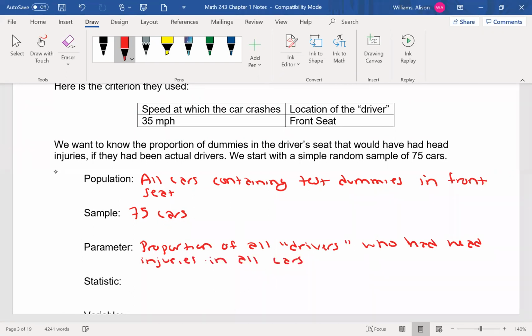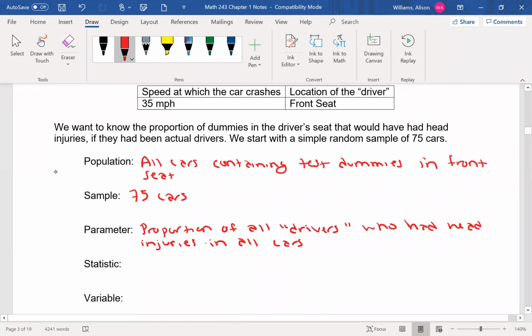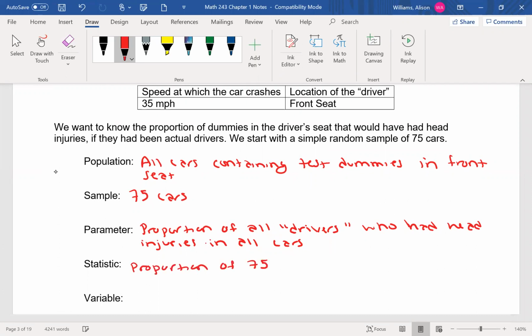So again, emphasizing all the cars, all the ones that they did this on. But the statistic is the proportion of those 75 drivers that had injuries who had head injuries.